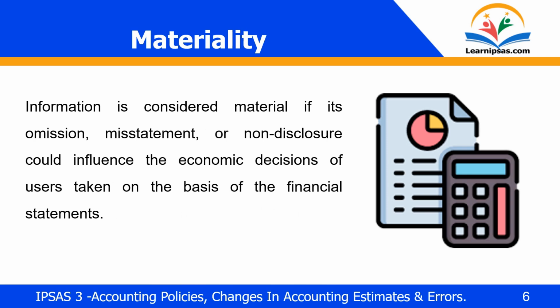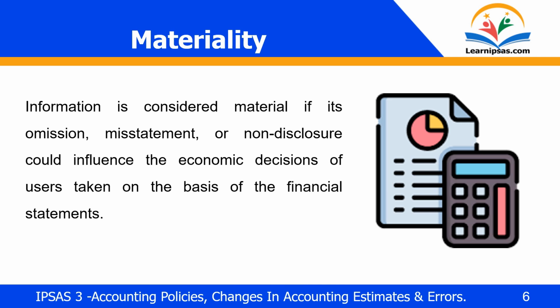Materiality. Information is considered material if its omission, misstatement, or non-disclosure could influence the accounting decisions of users taken on the basis of the financial statements. In government, we say even 1 shilling is material, but there is something that is more material than others, which is dependent on judgment.